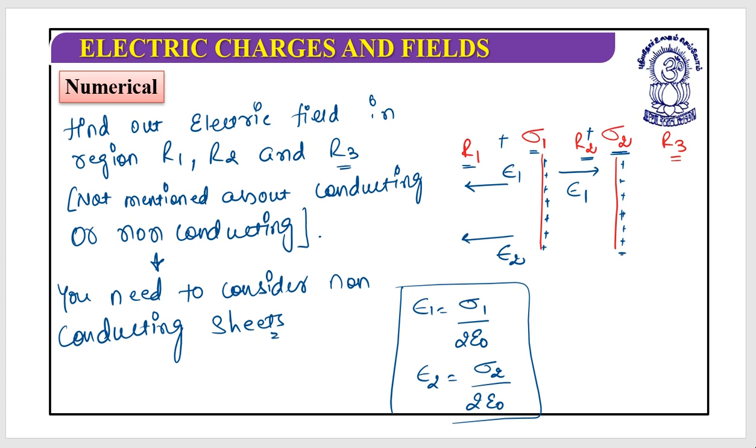So here the case is of positive. Here your electric field lines are moving outside the body. This is your body, so this is the direction of E2. I hope these things are clear.